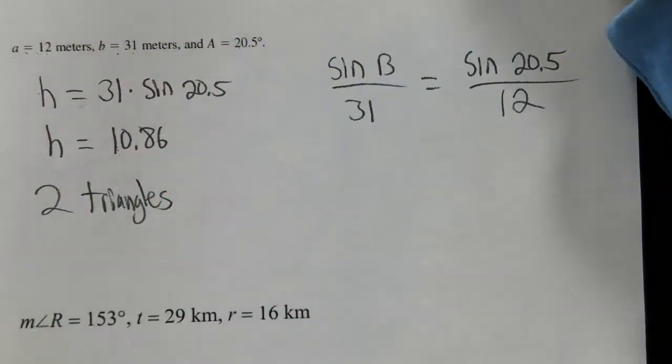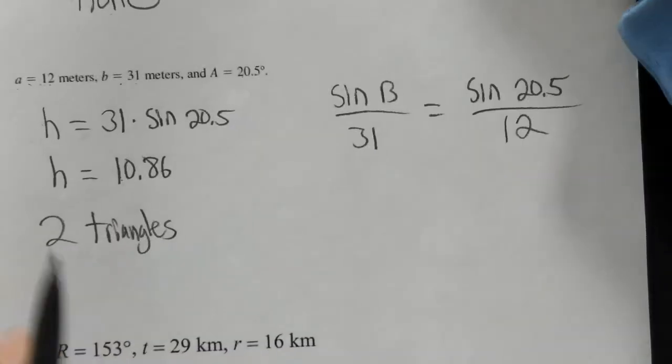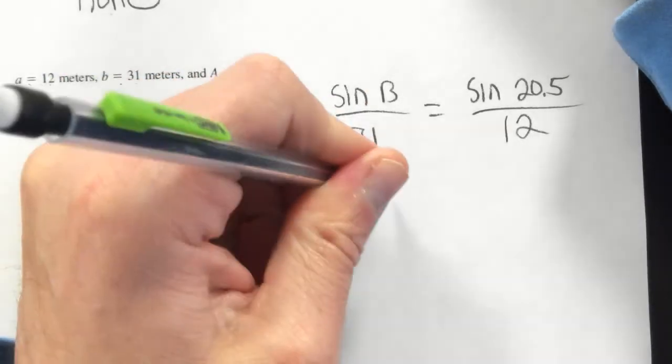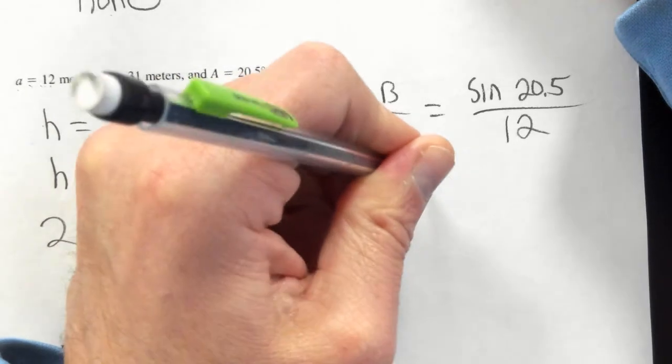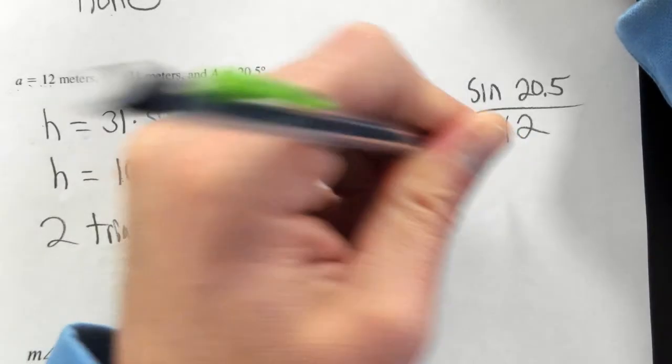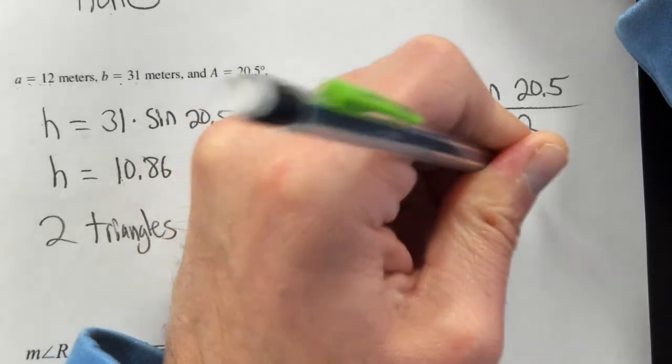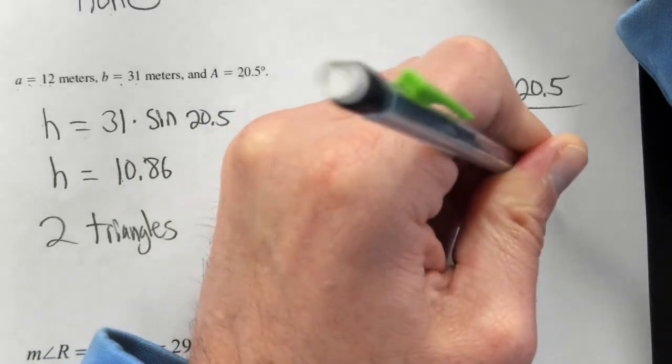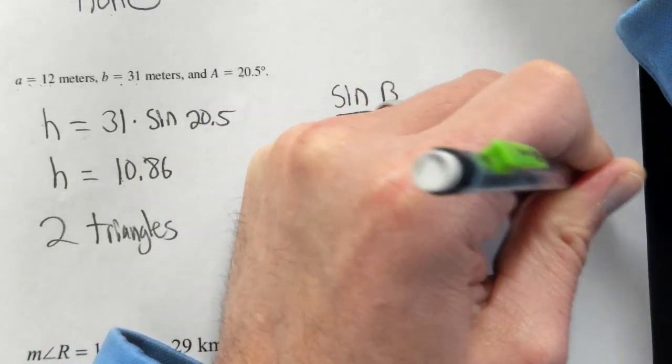All right, so if I put it into the law of sines, it'd look like this. And then we get 12 times the sine of B equals 31 times the sine of 20.5.